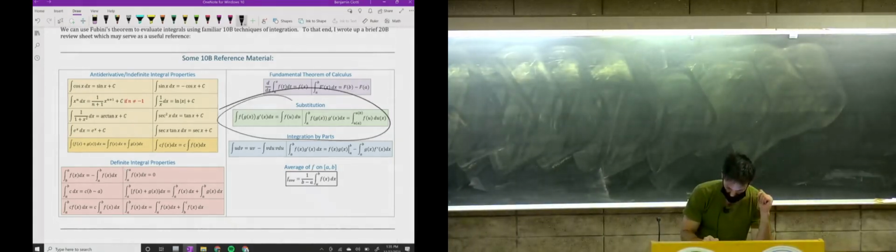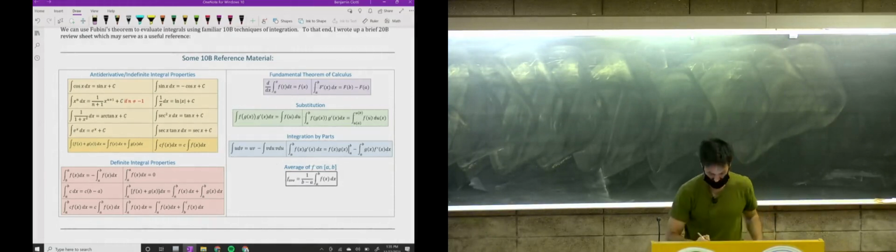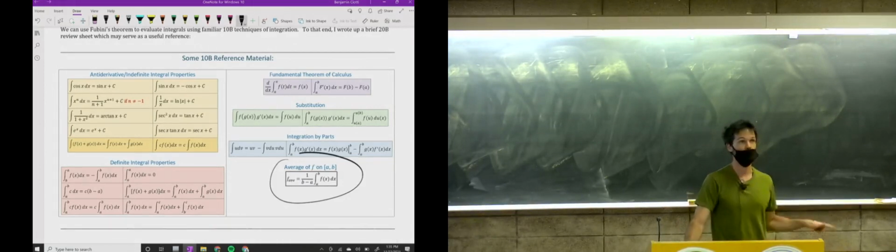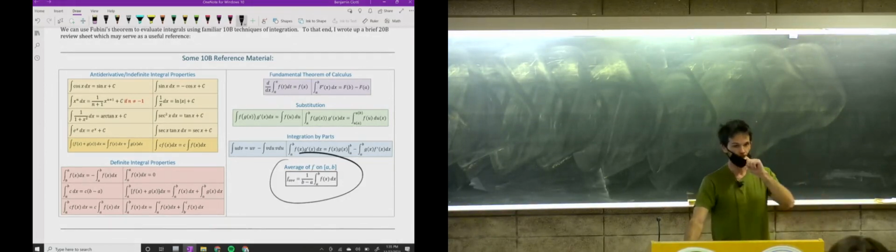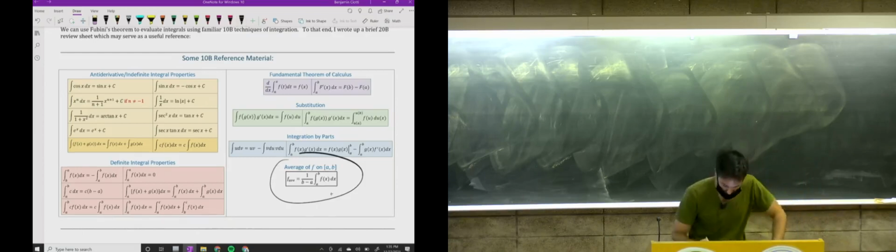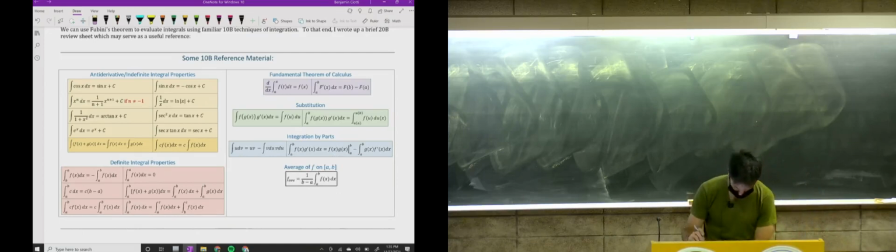I also reminded you of a couple of rules like the substitution and integration by parts rule, and I tossed the average formula on here, not because we're going to use it, but because I'm going to show you the two-dimensional average formula, which you can contrast with the one variable average formula.